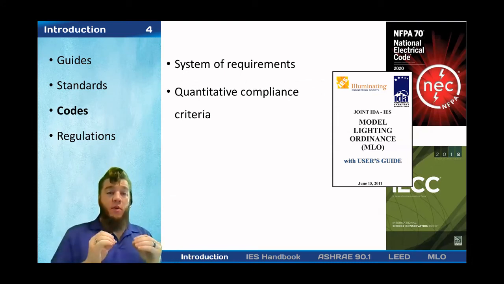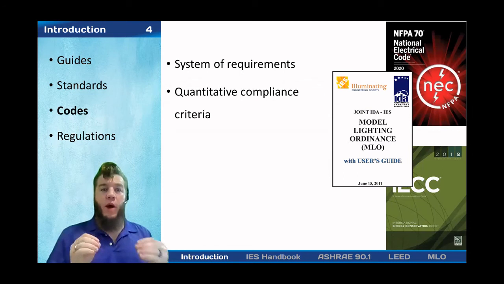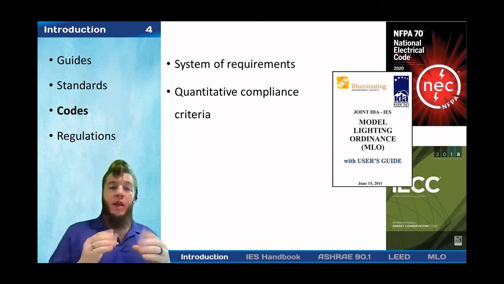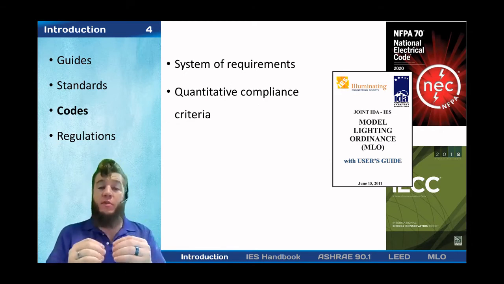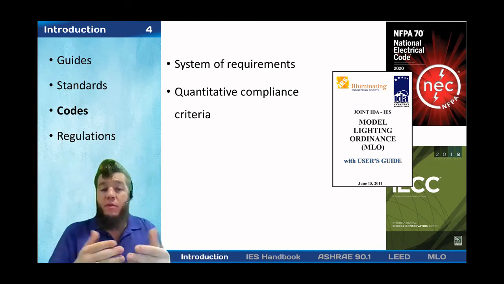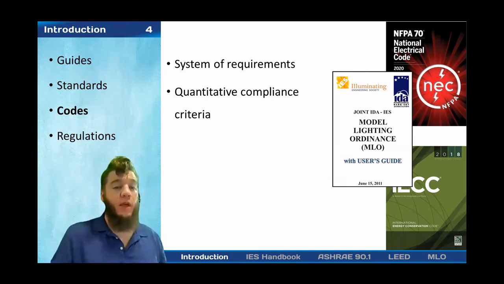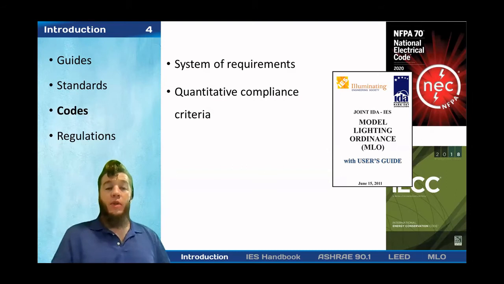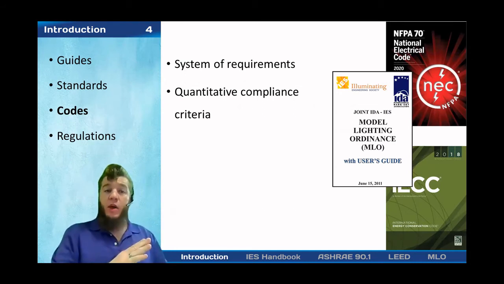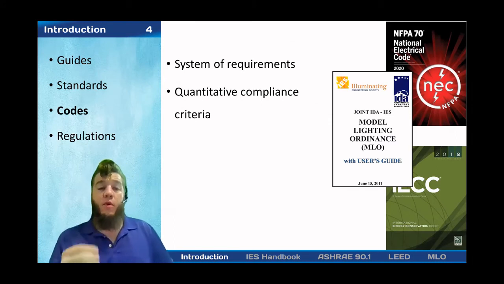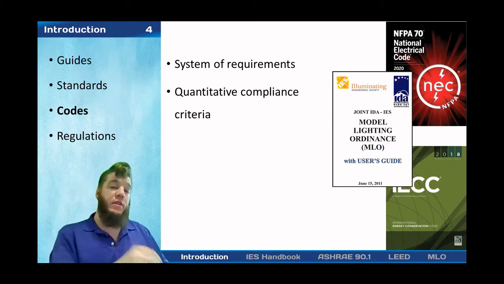So codes are going to be systems of requirements. So it's lighter on design guidance and heavier on very specific legally enforceable clauses and requirements necessary for compliance with that code. And the goal of a code is to provide government entities, including the federal government, state governments, and all the way down to municipal governments, a set of requirements that they can mandate in law.